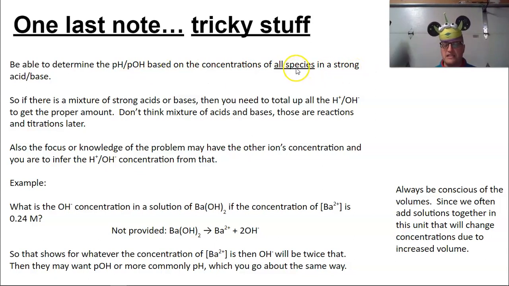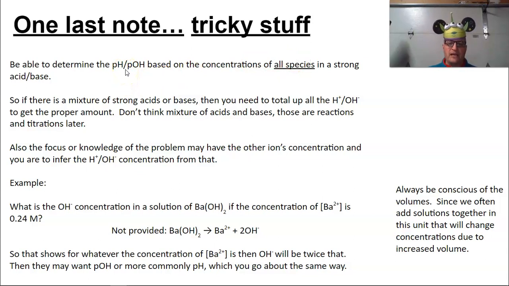And what I mean by all species is that, let's say they give you the concentration of the strong acid, or the concentration of the strong base, or the concentration of hydronium in a base, or the concentration of hydroxide in an acid, or the concentration of the group 2 positive ion in a base, or the conjugate base's concentration, and you need to determine these.